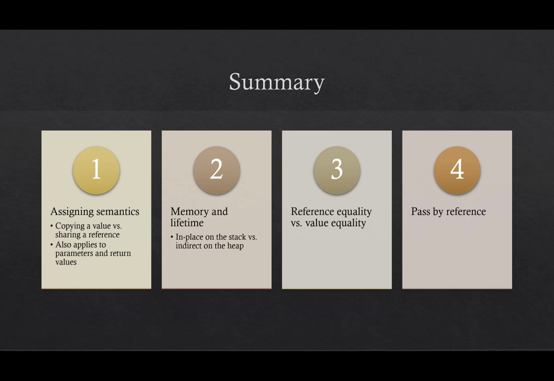We also talked about memory and lifetime. Reference types are always their own separate objects on the heap, whereas value types are stored in whatever the context is, whether that's on the stack or inline with another object.